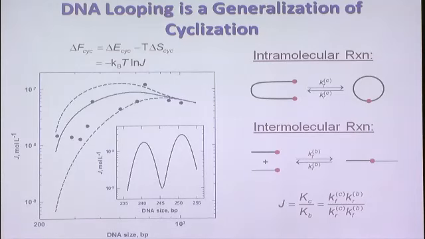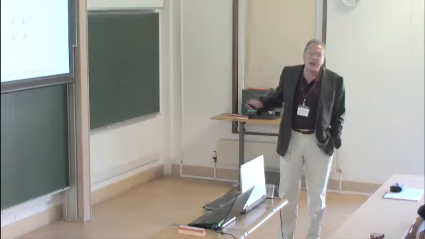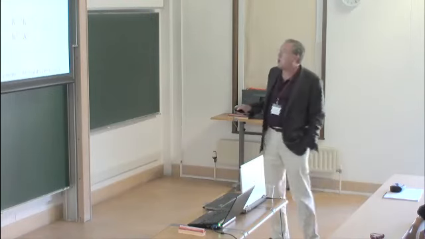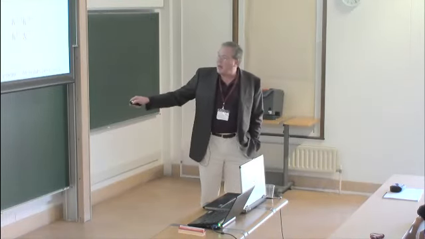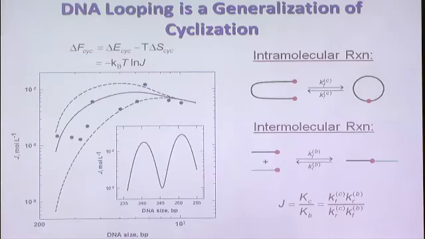Okay, so what this graph shows are measurements of the Jacobson-Stockmeyer factor, which is effectively the concentration of one end of a linear DNA molecule in the vicinity of the other, as a function of DNA size. And I think this is possibly one of the experiments that Erez was alluding to earlier this morning.